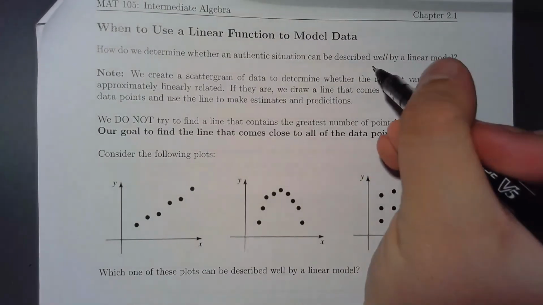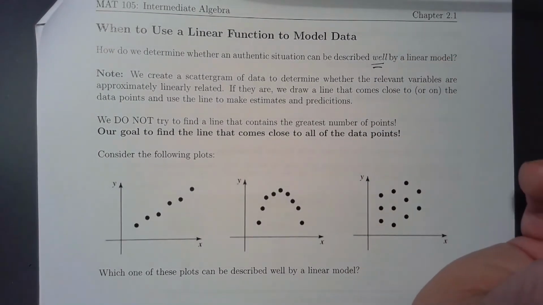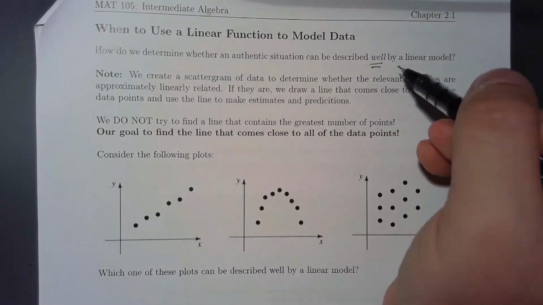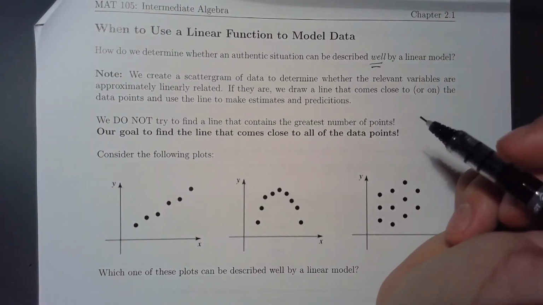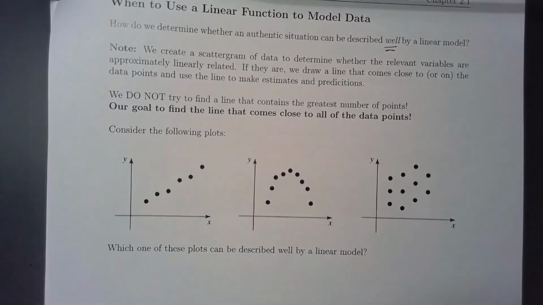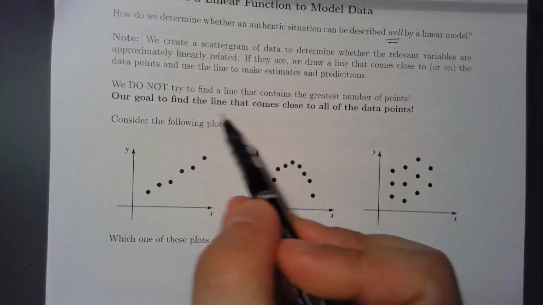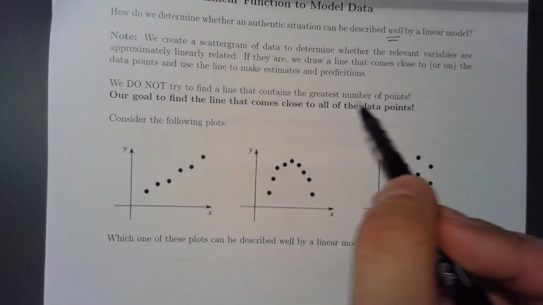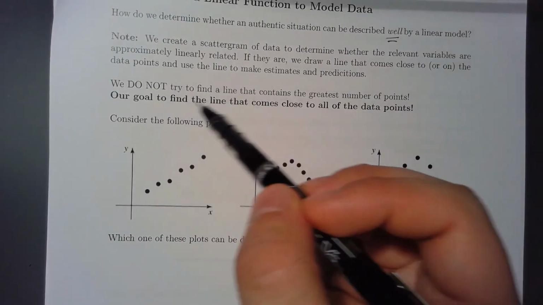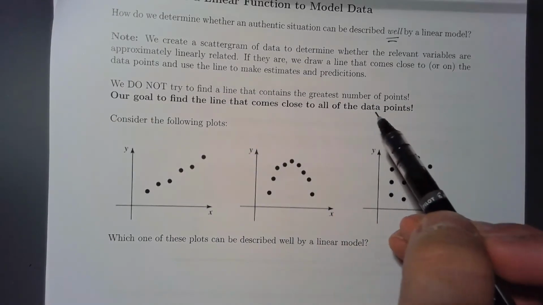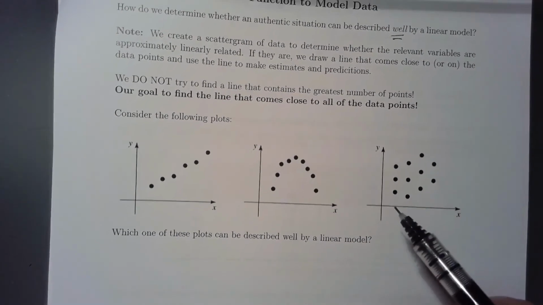Can it be described well by a linear model? Just because we have a model doesn't mean it's linear. We have to make sure it looks like a linear model. So our goal here is not to try and find a line that contains the greatest number of points. The goal is to find a line that comes close to all the data points as much as possible.